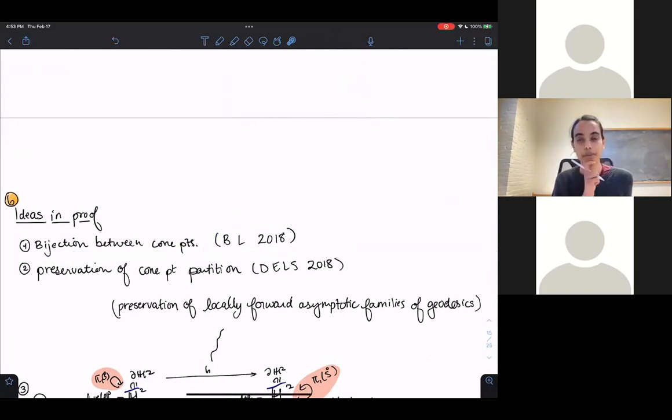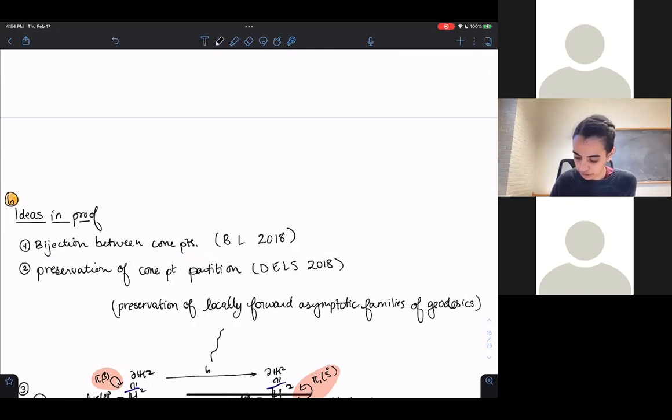They proved a similar problem for marked length spectra and non-positively curved Euclidean cone metrics. So we follow their idea, and the idea is as follows.